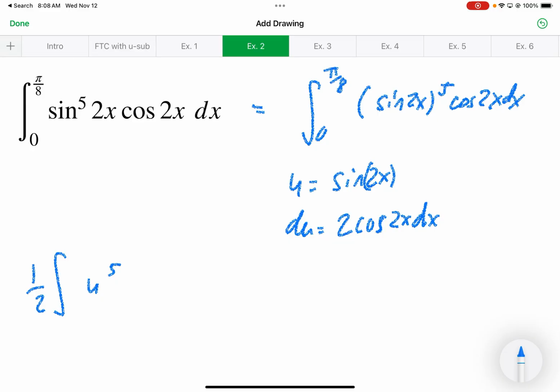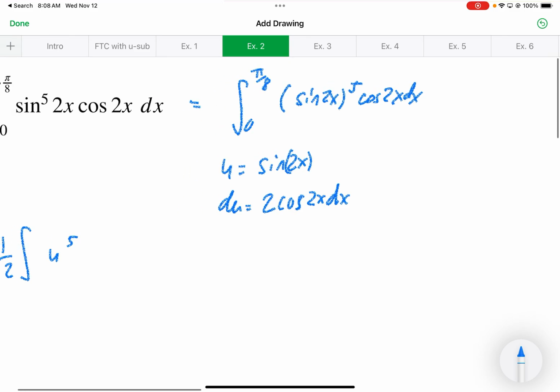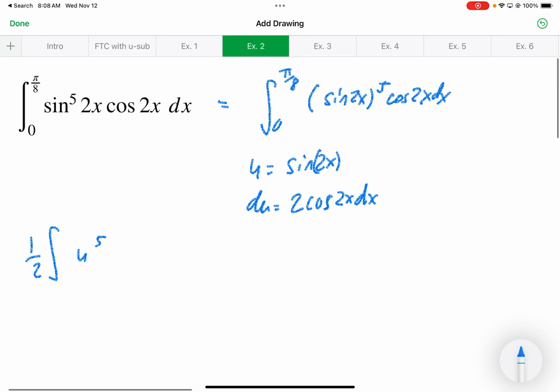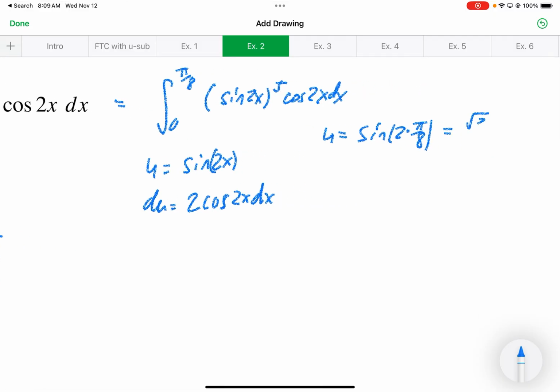And then I need to come up with an expression for my values for u. So I plug in 0, and then I plug in pi over 8, or whatever order I want. So sine of 2 times pi over 8 gives me sine of pi over 4, so square root of 2 over 2.